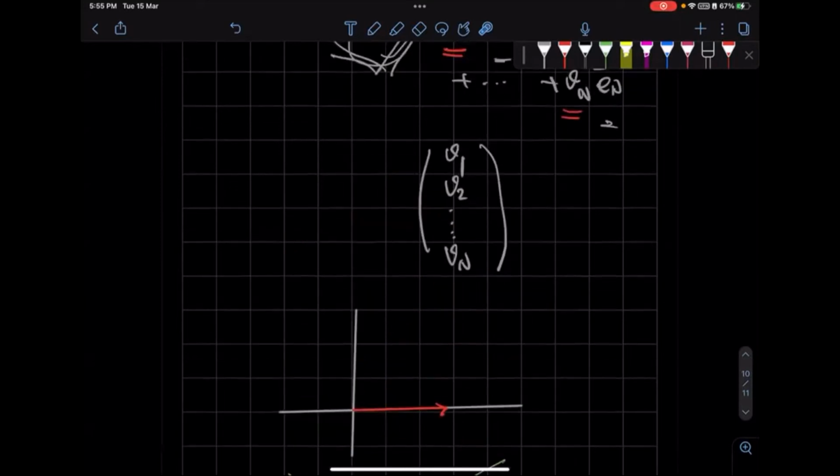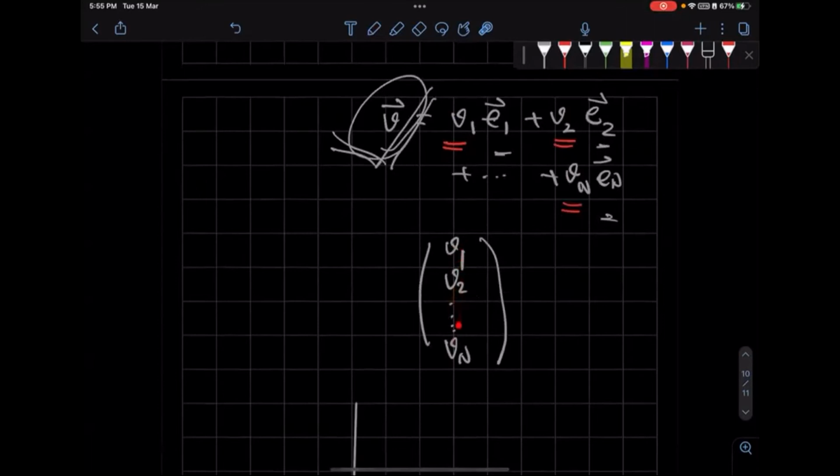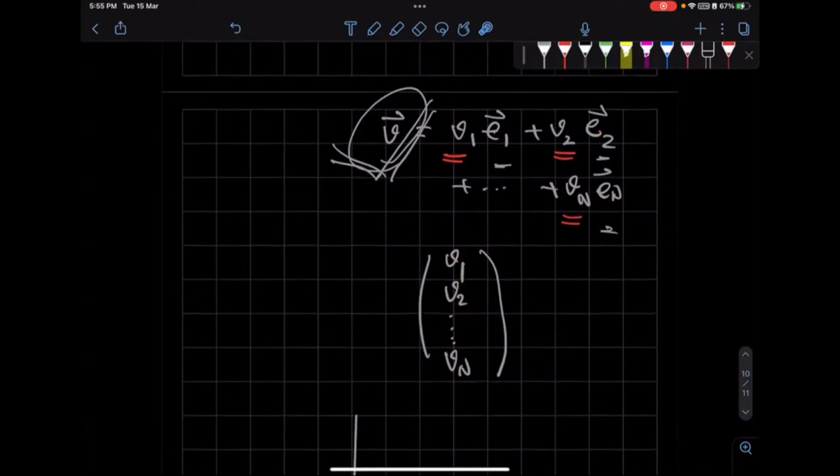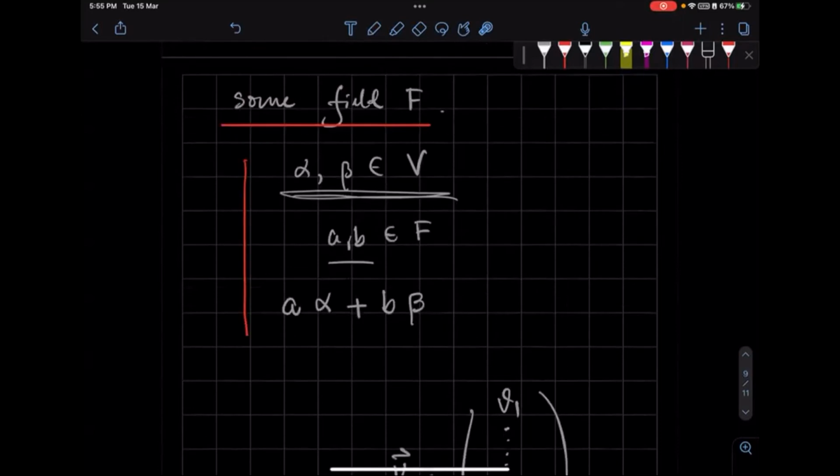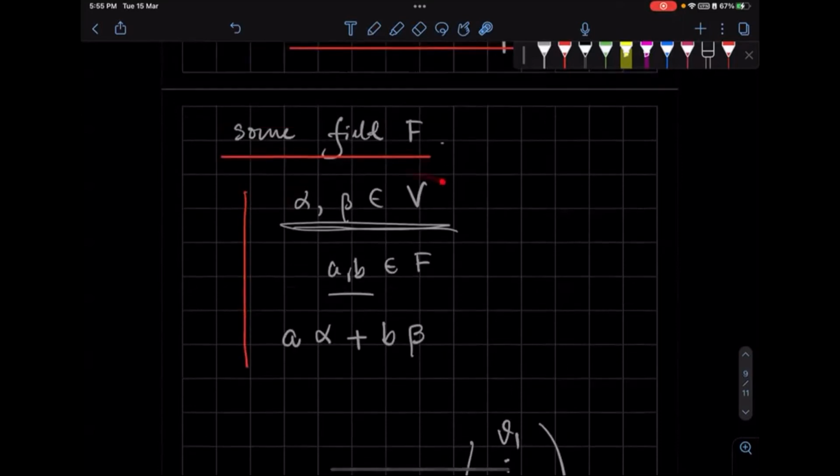And here, what we are seeing is a representation of a vector with reference to a particular basis, right? But a vector itself is not the column. It is an element of an abstract set which satisfies the axioms of vector space.